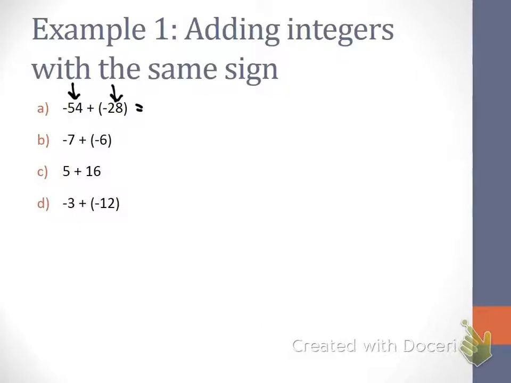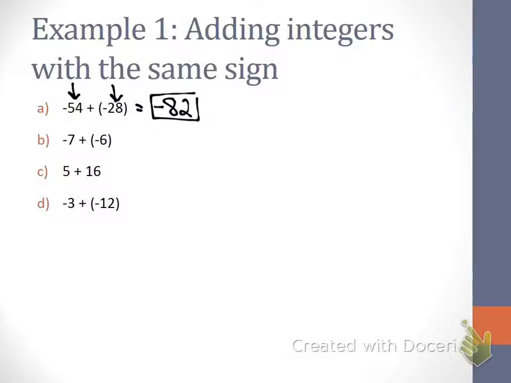It is negative. You say, well, there's a plus sign here. That doesn't matter. I need to look at the sign right in front of the number. They're both negative, so it's same sign. My rule is same sign, add and keep. So 54 plus 28 is 82, and I'm going to keep my negative.